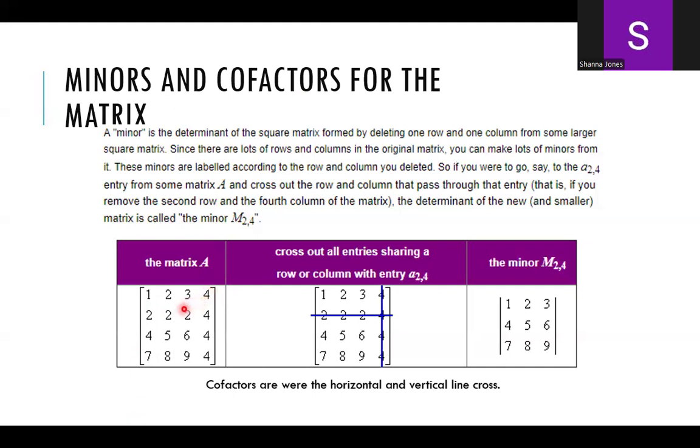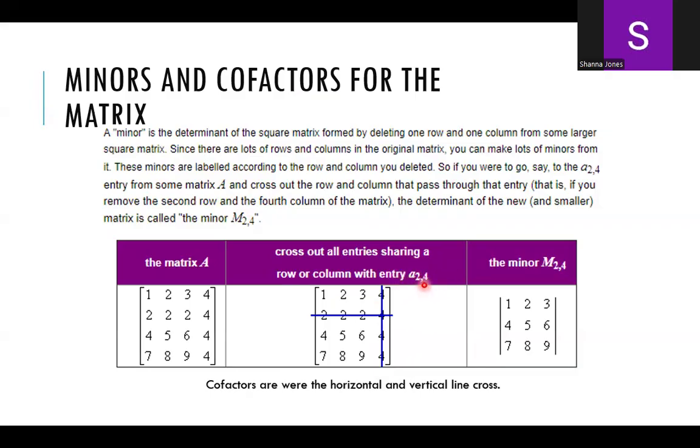If I was wanting to find the determinant of a 4 by 4, I need to make it all the way down to a 2 by 2. In order to start breaking it down, I have to use cofactors to make a minor matrix. Your cofactors are the rows and columns that you eliminate. So here, for example, this says A sub 24.